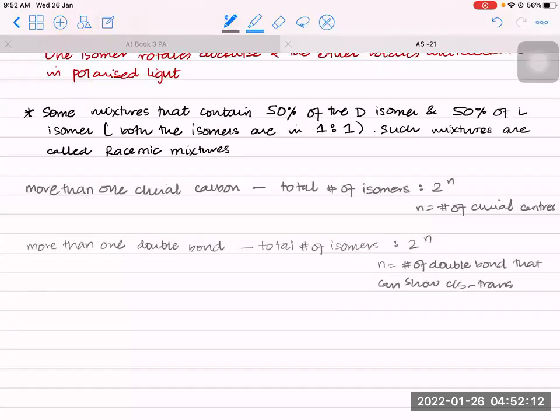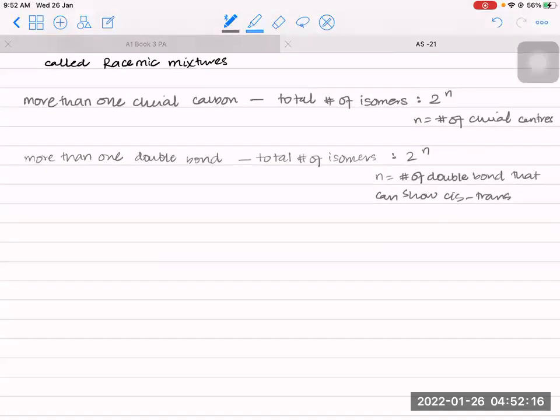So let's see this. Benzene is this structure right here. So this right here is what? Benzene. It has 6 carbons and 6 hydrogens.